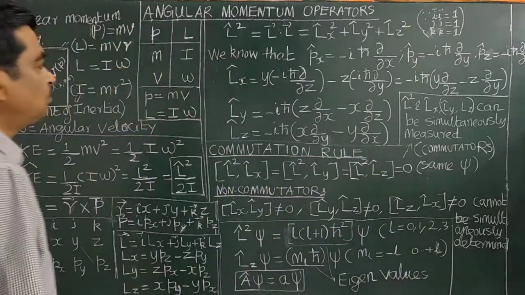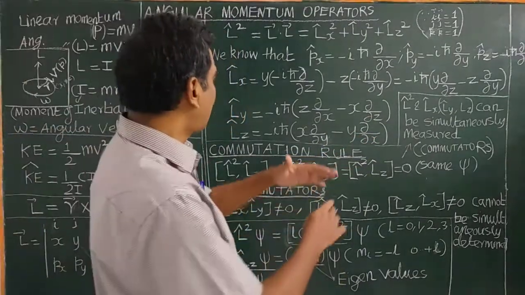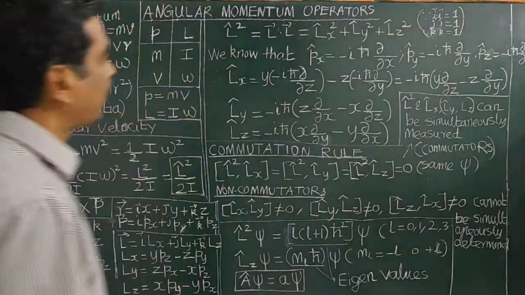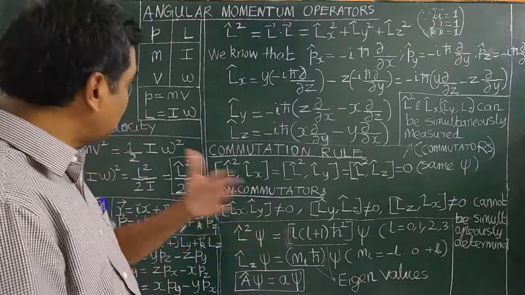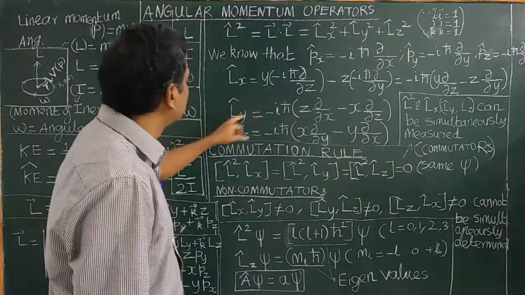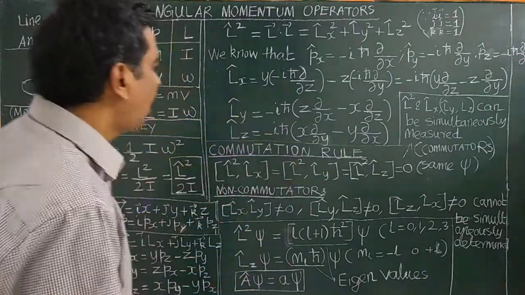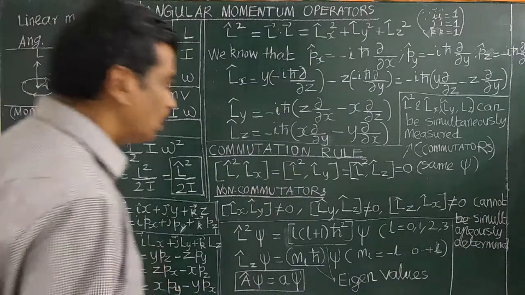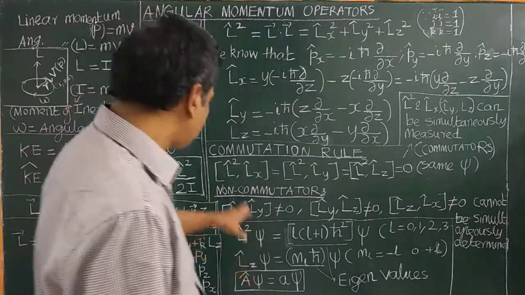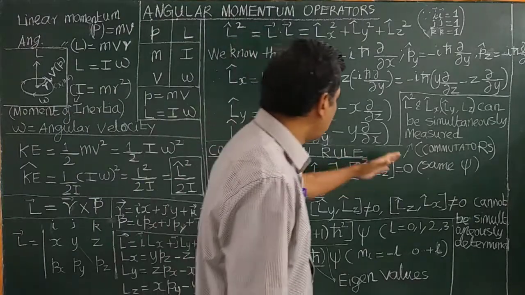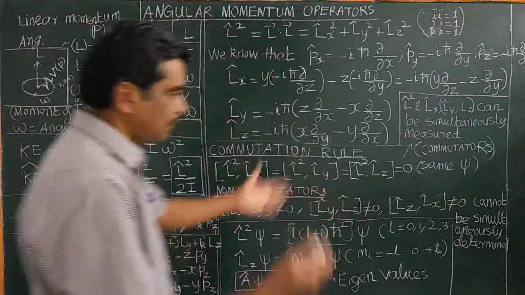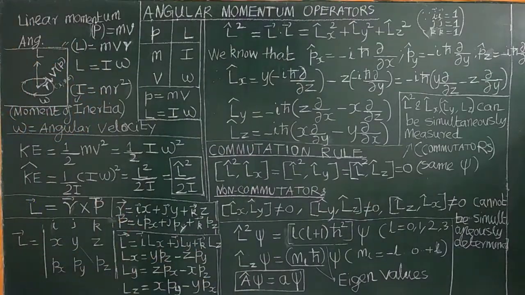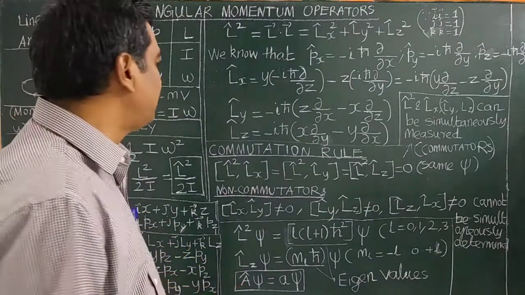Okay, now we have derived this. So we have obtained the angular momentum operators L squared, and also the angular momentum operators along the x-axis, y-axis and z-axis. Now let us see the commutation rules. We have already studied what commutators and non-commutating operators are, so please see the previous operator video.